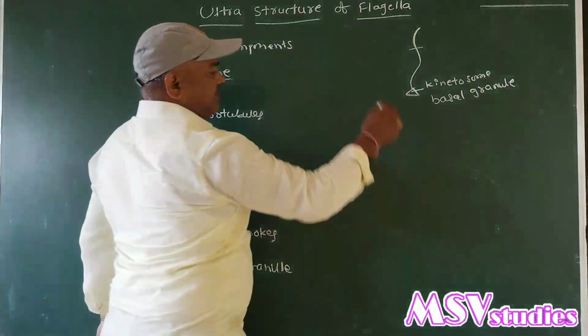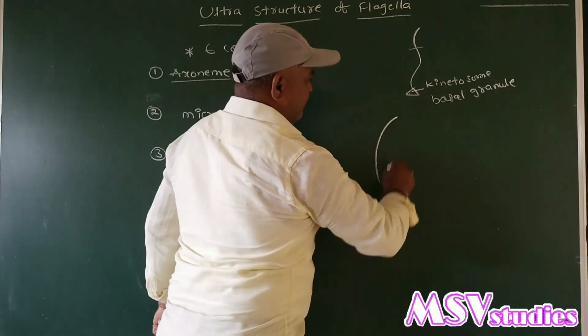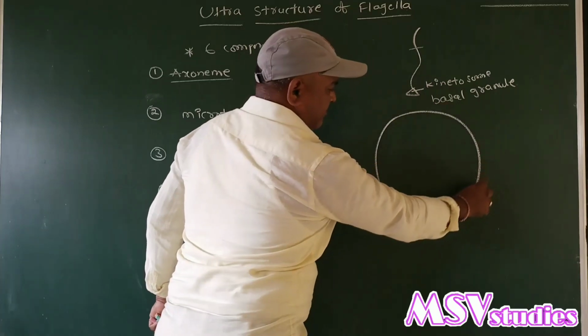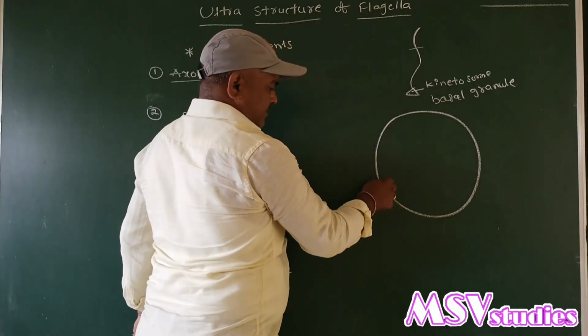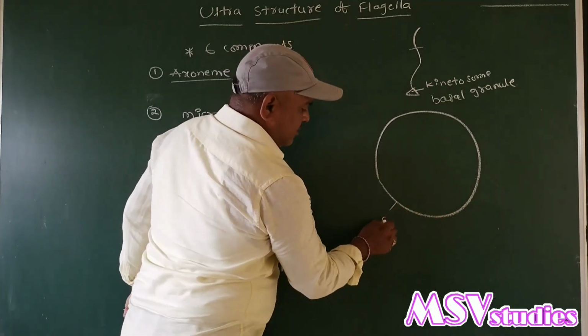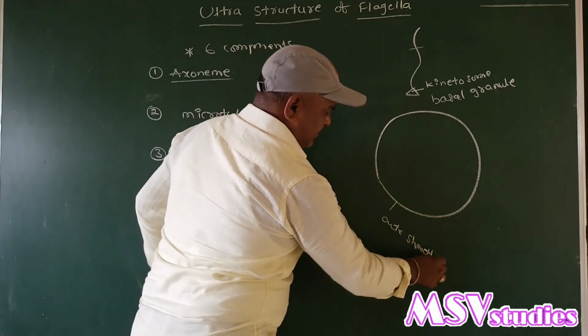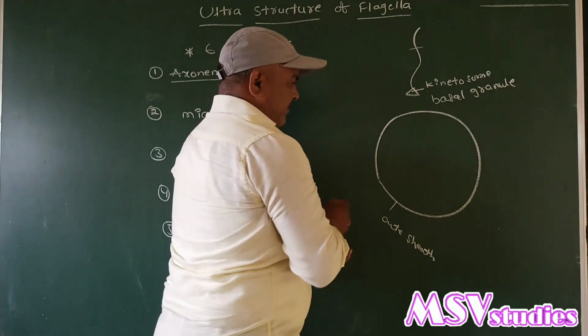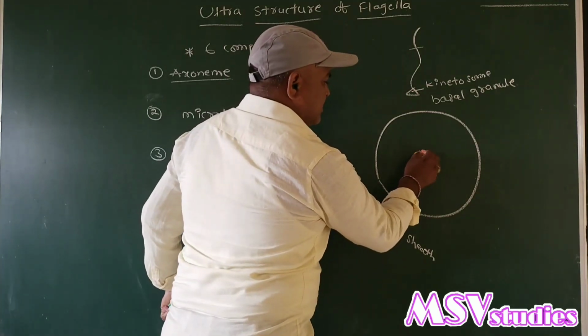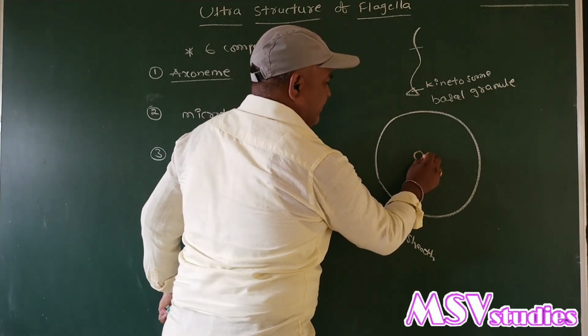So first of all, axoneme. See here, this is the structure of the TS of the flagellum. This is the outer sheath. Next, these are the central singlets.